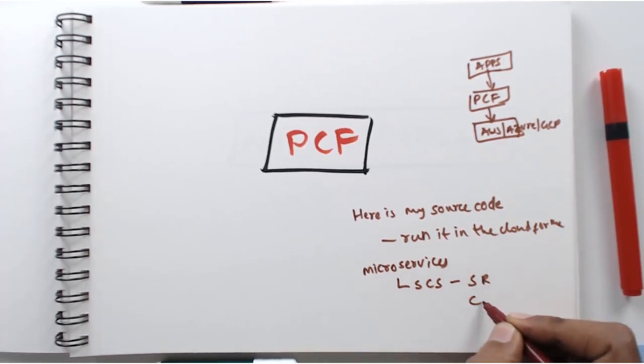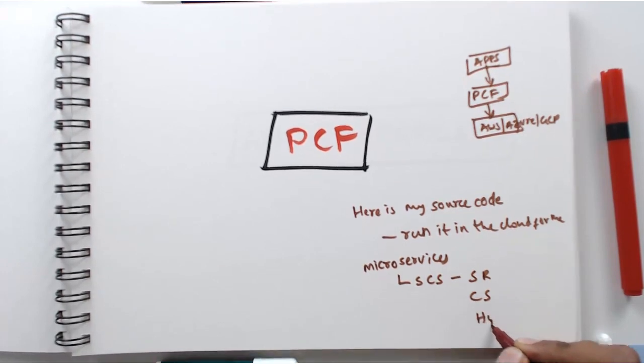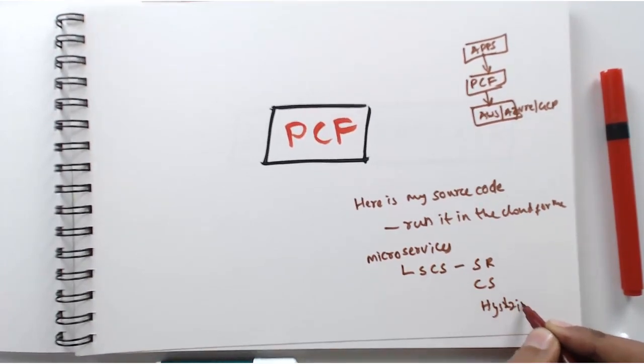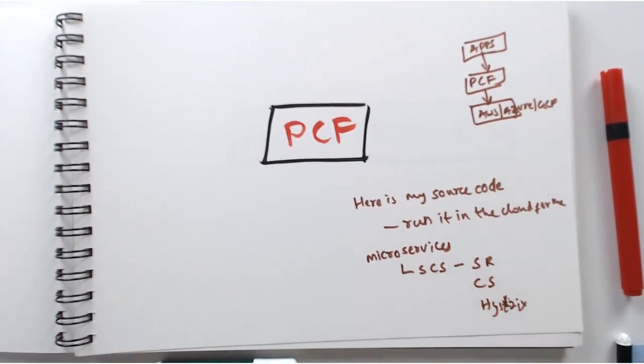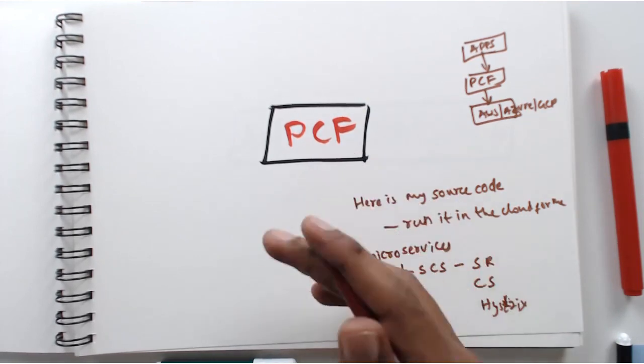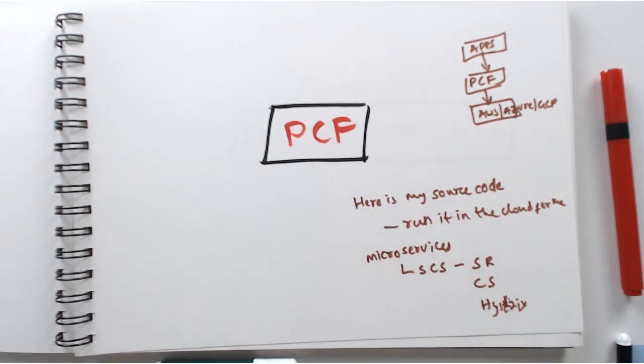It supports config server. It supports Hystrix. So all the typical microservice features it would support by default. It would provide all the typical platform as a service features like high availability, redundancy, scaling, auto scaling, load balancing, blue-green deployments. All these kind of stuff are automatically provided by PCF for you.